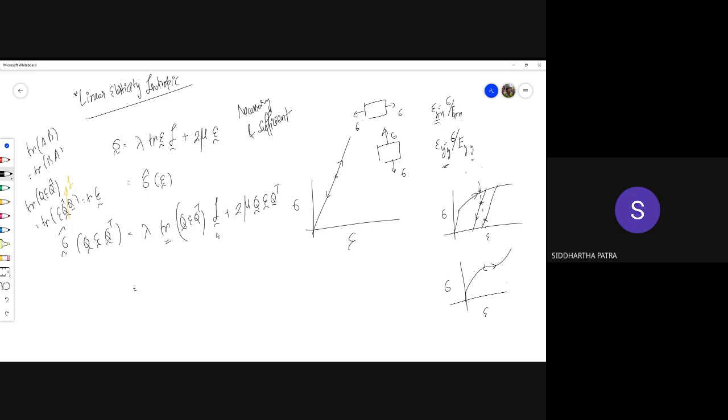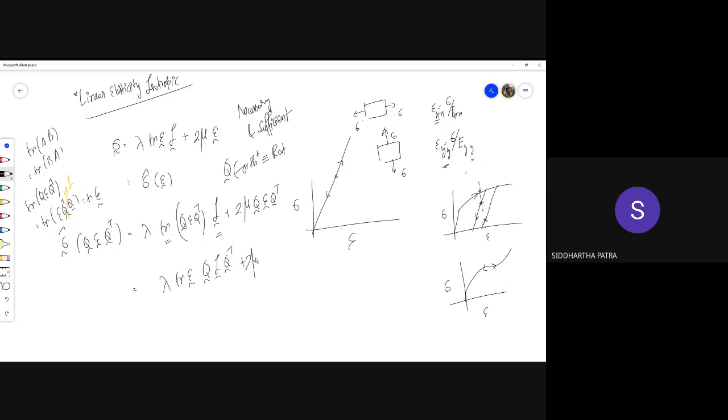Also, I can write this I matrix as Q times Q transpose. So I can write lambda times trace of epsilon times Q transpose, or Q times I Q transpose, because Q times Q transpose is an identity matrix. So Q is an orthogonal or rotation tensor.